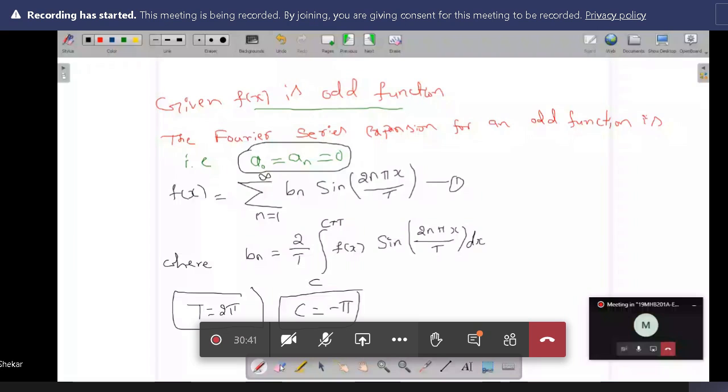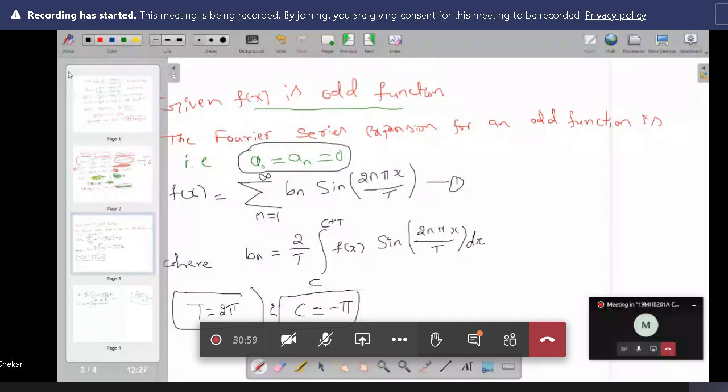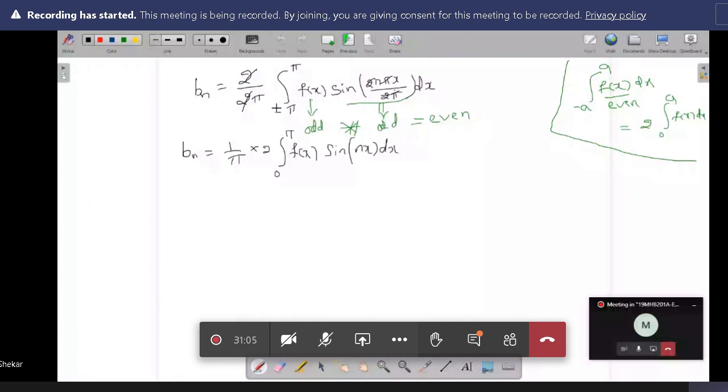Given that the period T is 2 pi, and the lower limit c has the value minus pi, further with that information I can say that bn is 2 by 2 pi integration from minus pi to pi of f of x into sine 2n pi x by 2 pi into dx.